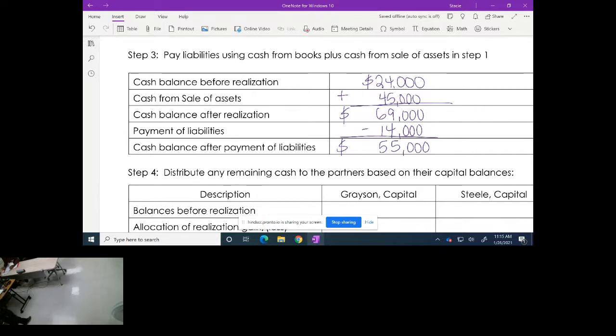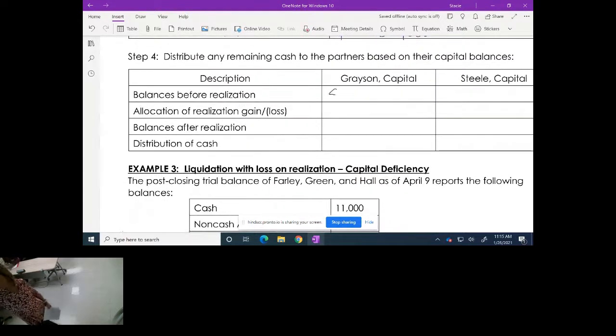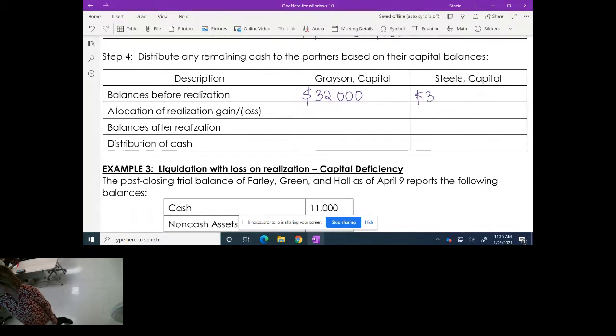Okay. So let's see what the capital looks like in each of their accounts. Each one of them started with 32,000. Would they both start with the same thing? Probably not, especially if you don't have equal income sharing.